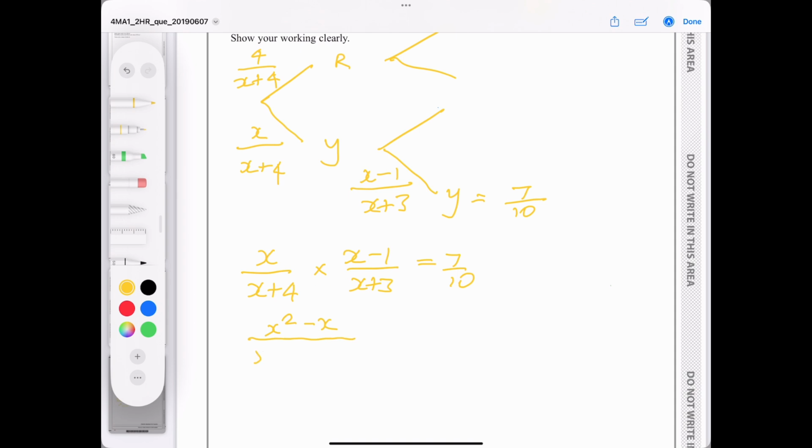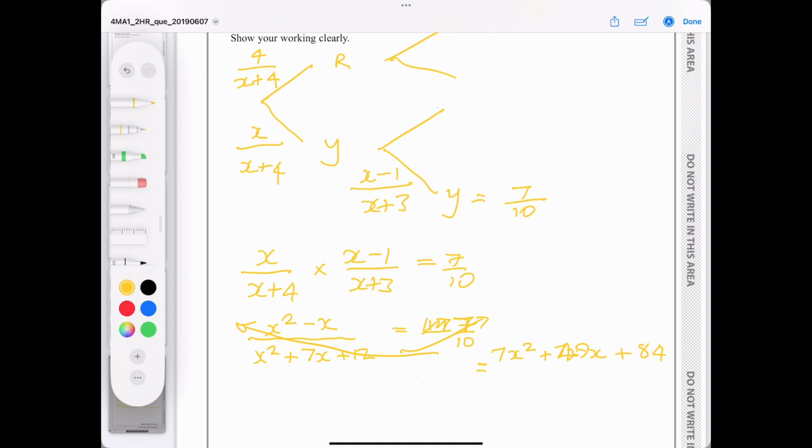x times x is x squared, plus 7x plus 12, equals 7 over 10. And now we're going to flip this, so we times that out by that, and we times that out by that. So that's going that way, that's going that way. And we get, over this side, 7x squared plus 7x, oh, so plus 49x, I apologise, plus 84.